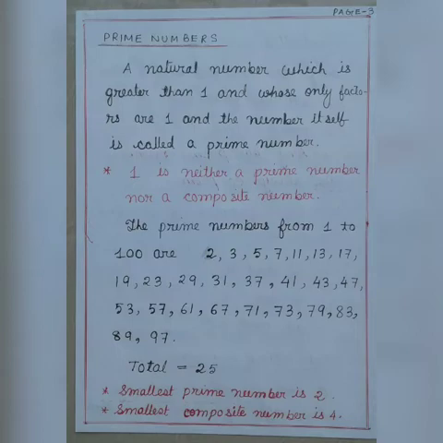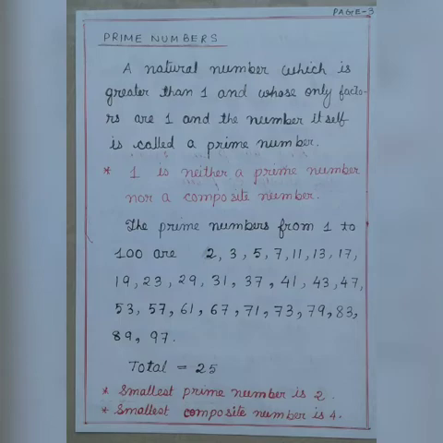A composite number has factors more than 2. I have given you the list of prime numbers starting from 1 to 100. So, there are 25 prime numbers in first 100 natural numbers.